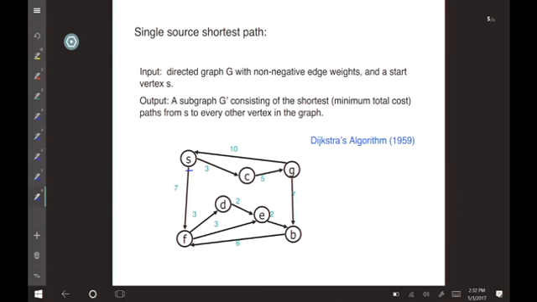Now, I'm going to change the story slightly. Now, what's the shortest path from S to G? SCG. Is there a shortest path?